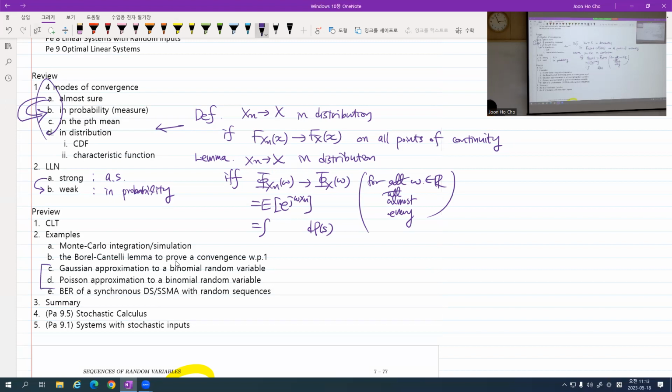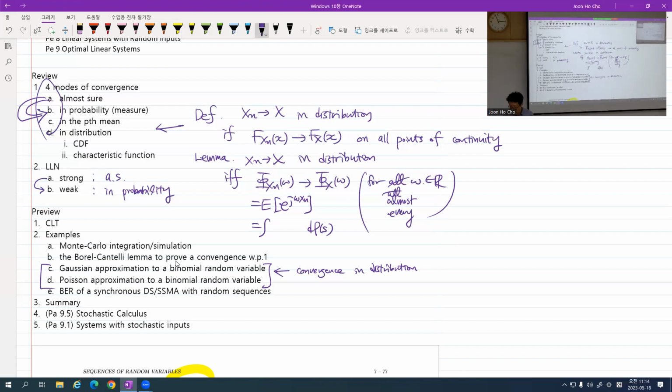Both of them are related to the convergence in distribution, which means that we are going to derive a sequence of characteristic functions or a sequence of CDFs, and we'll show that the sequence converges to the CDF of a Gaussian or Poisson, or the characteristic function of a Gaussian or Poisson. Got it?